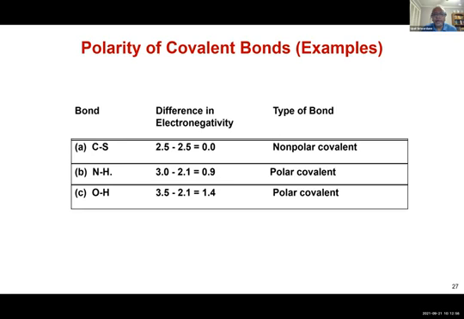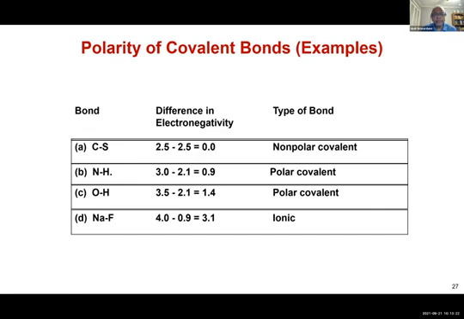For the O-H bond, oxygen has 3.5 and hydrogen has 2.1 from the periodic table. When you subtract 2.1 from the higher value 3.5, you get 1.4. 1.4 falls between the 0.5 and 1.9 range, so it's a polar covalent bond.